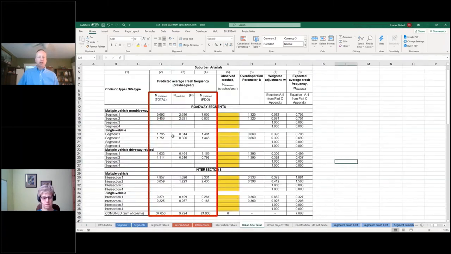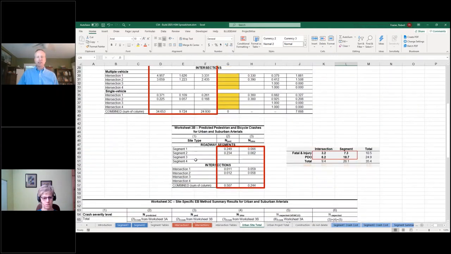So we've got the information here on the segments and intersections. It is important to know that the pedestrian information is kept separate, because it is calculated in a slightly different way. You need to make sure that whatever you're looking at, you've got them all added together.